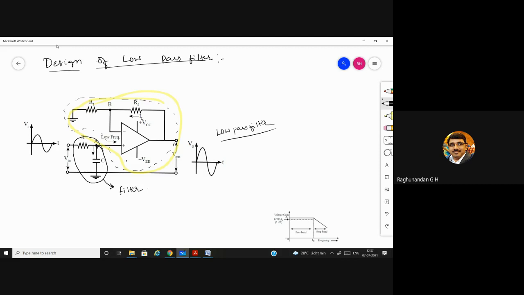No need of memorizing or practicing this. Just know it is a combination of resistor and capacitor along with a non-inverting op amp. Now, what is the difference between low pass and high pass? In a low pass filter, you will get a resistance in series with the input and the capacitor will be in parallel.